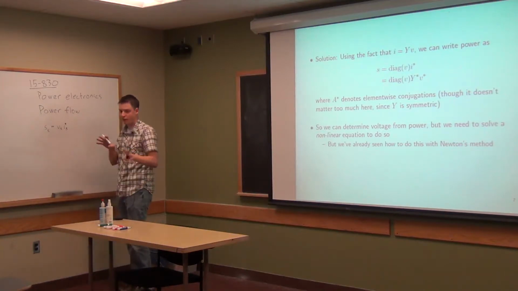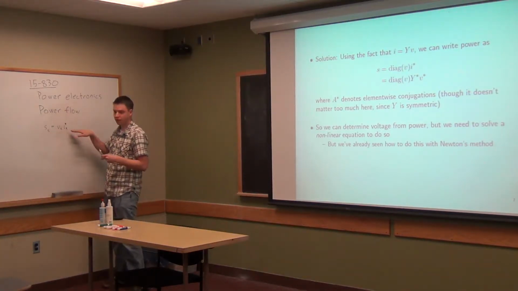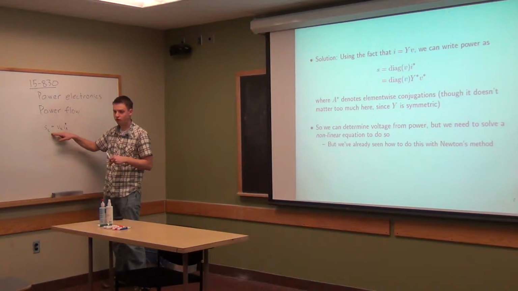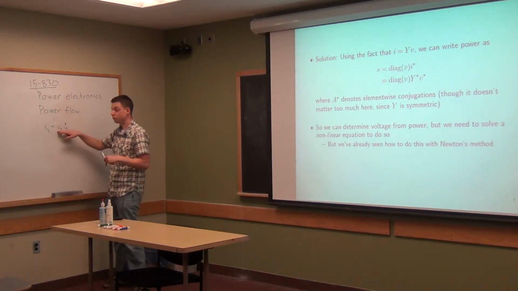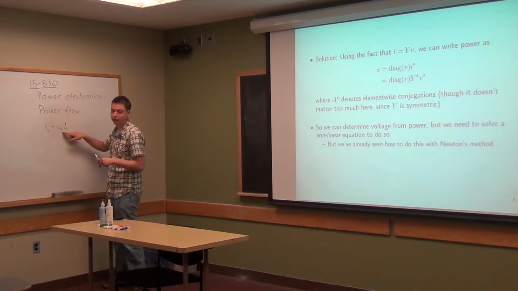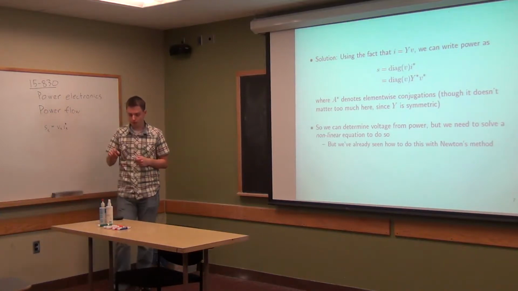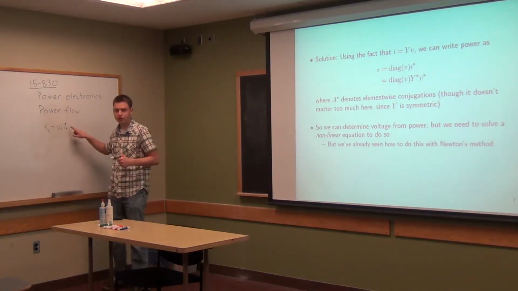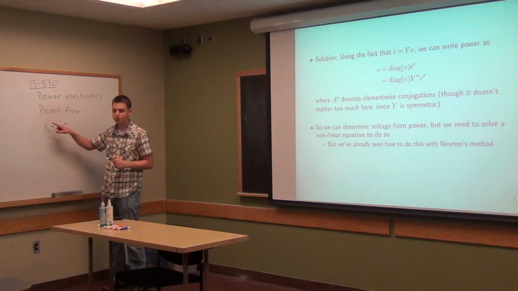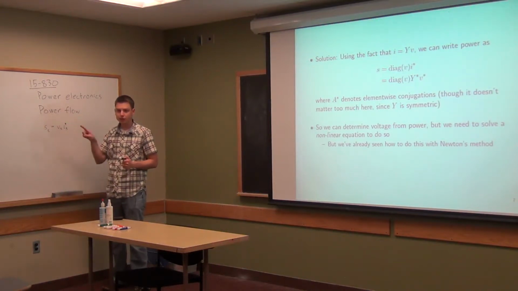Keep in mind that whenever I'm writing these things, they're all complex numbers. So power is complex, has real and reactive portions. Voltage is complex, right? It has a magnitude and a phase angle. And current is also complex, also with magnitude and a phase angle. So this equation holds at every node, we know. I'm going to write it in a little bit more abbreviated notation.